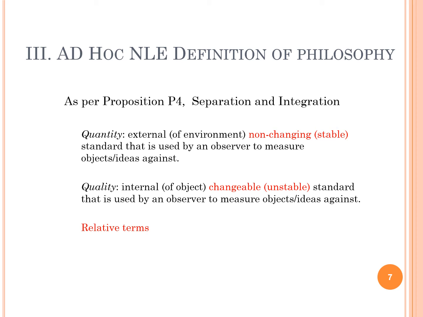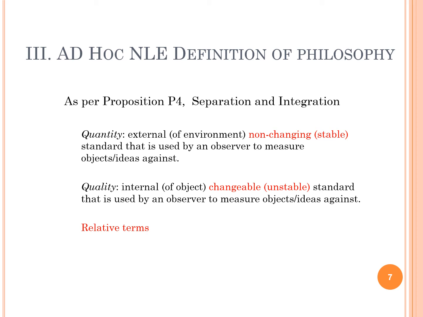So as proposition 4 of separation integration is, quantity is external of the environment, a non-changing, stable standard that is used by an observer to measure objects, ideas against. This is a relative term, that's why it's in red, in that quantity in comparison to quality is relatively stable.